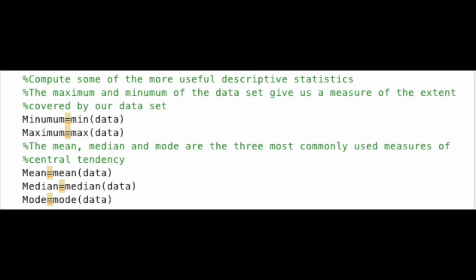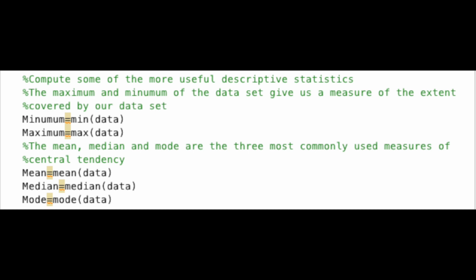Now we'll begin computing some basic descriptive statistics of our data. Since that data is stored in the variable that we've named data, we can accomplish this task by applying various Matlab functions to that variable. For example, we can compute the minimum and maximum values of the data set using the min and max functions.